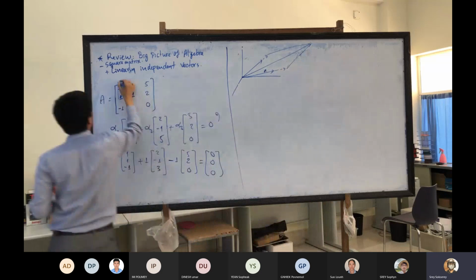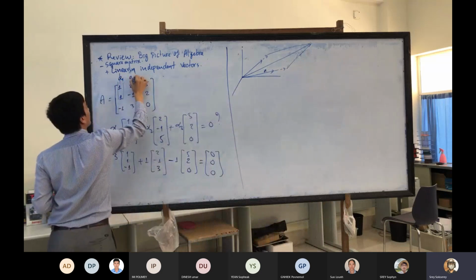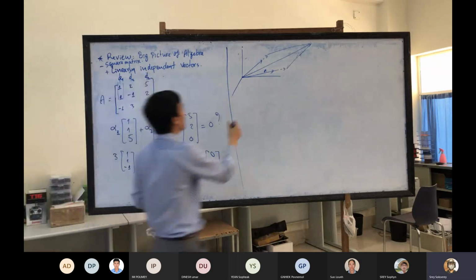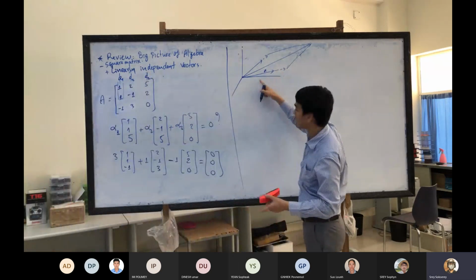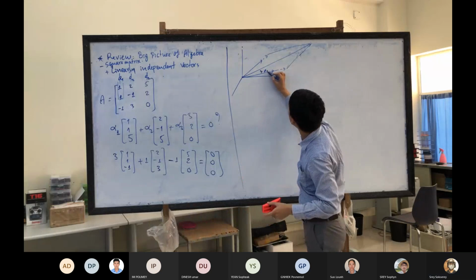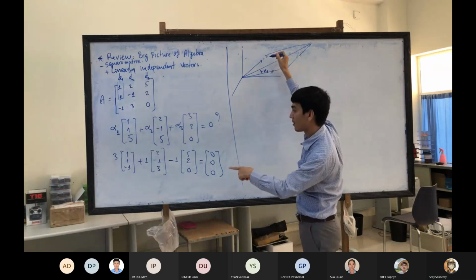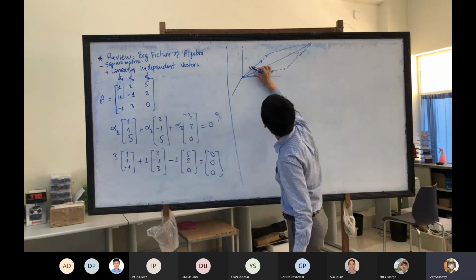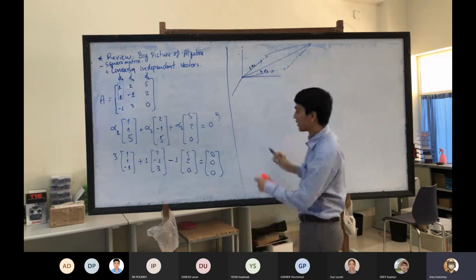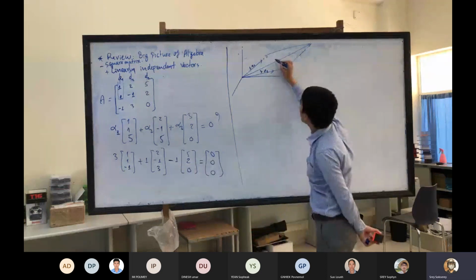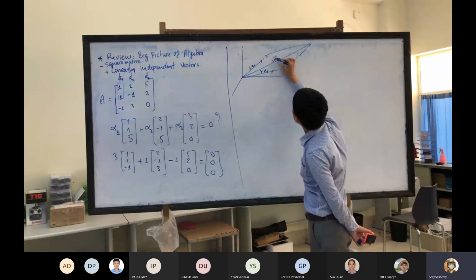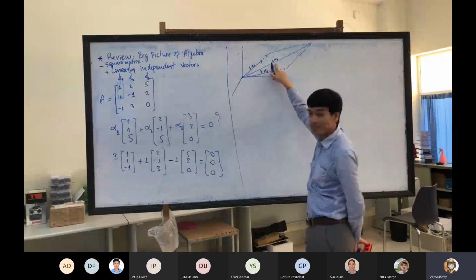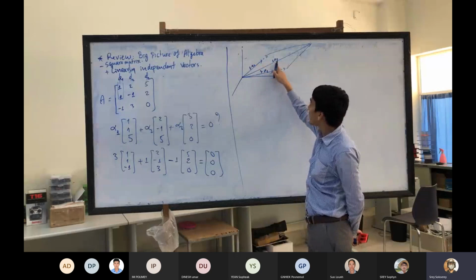Now I call these A1, A2, A3. So you can find 3A1 plus 1A2, and 1A3. So you add this and this equal this, or add this and minus this equals 0.